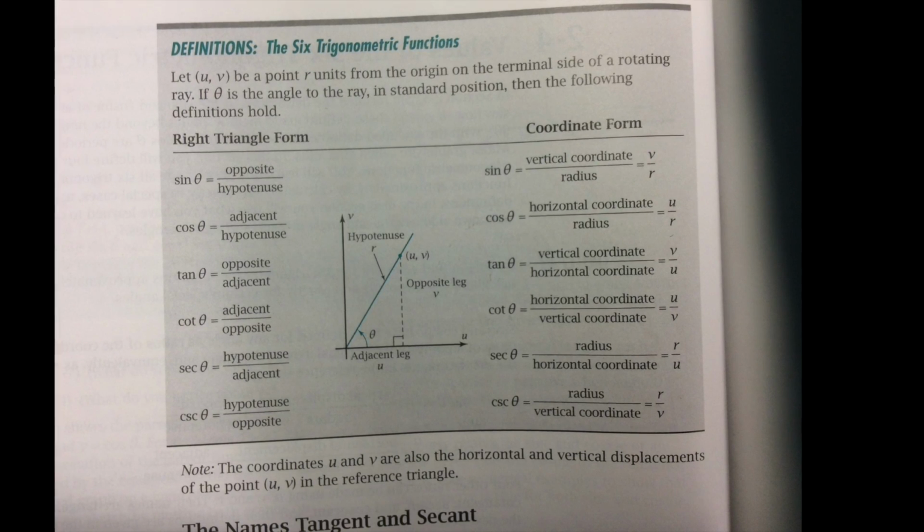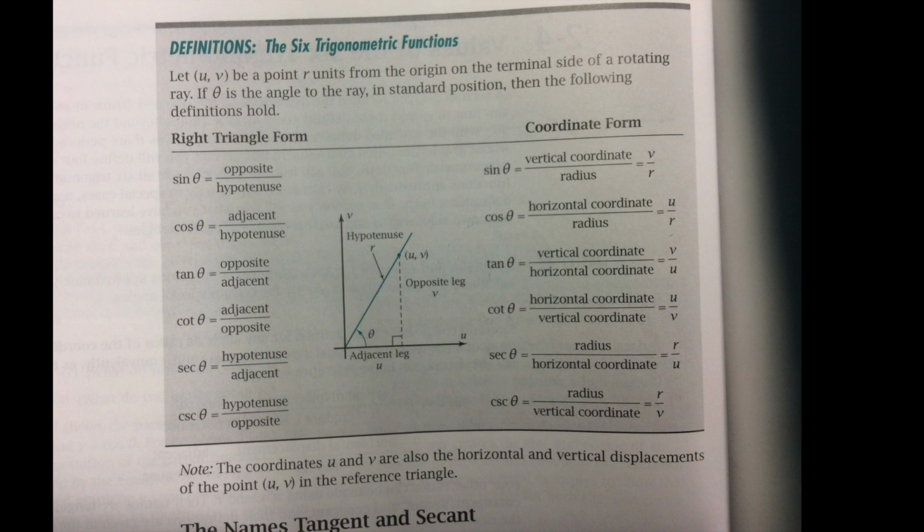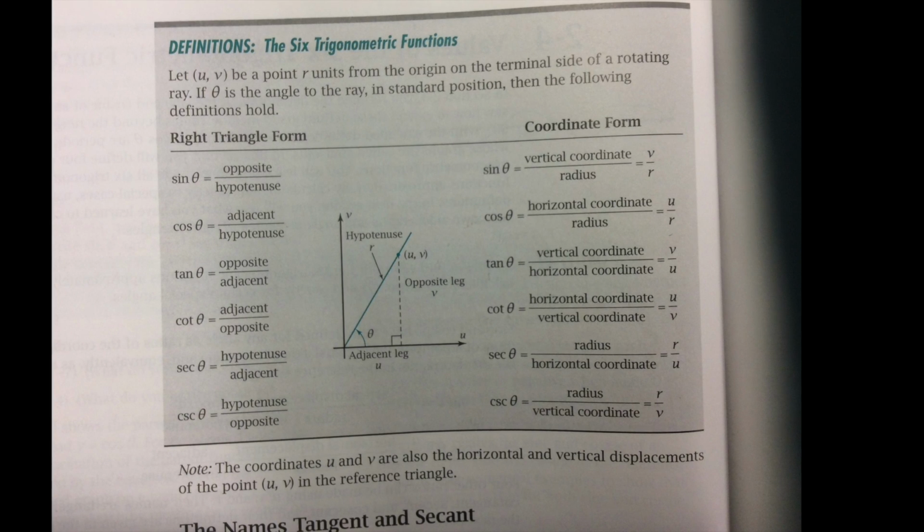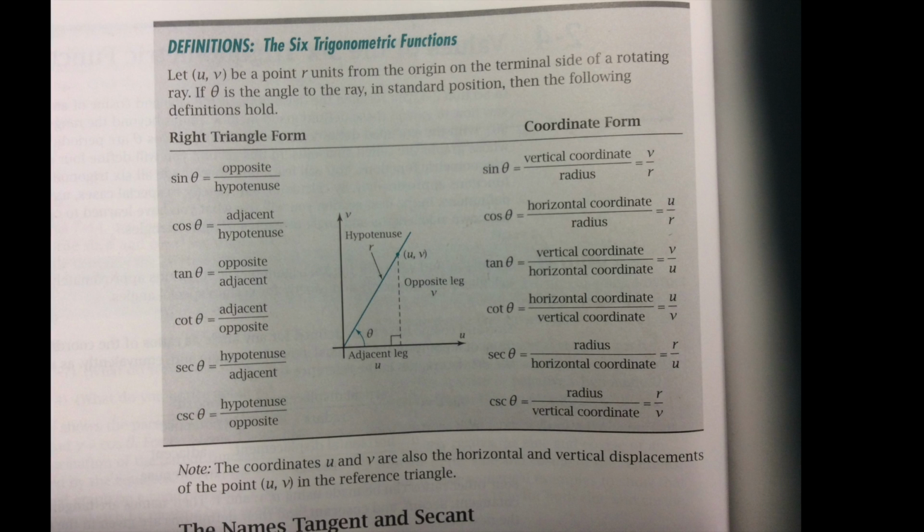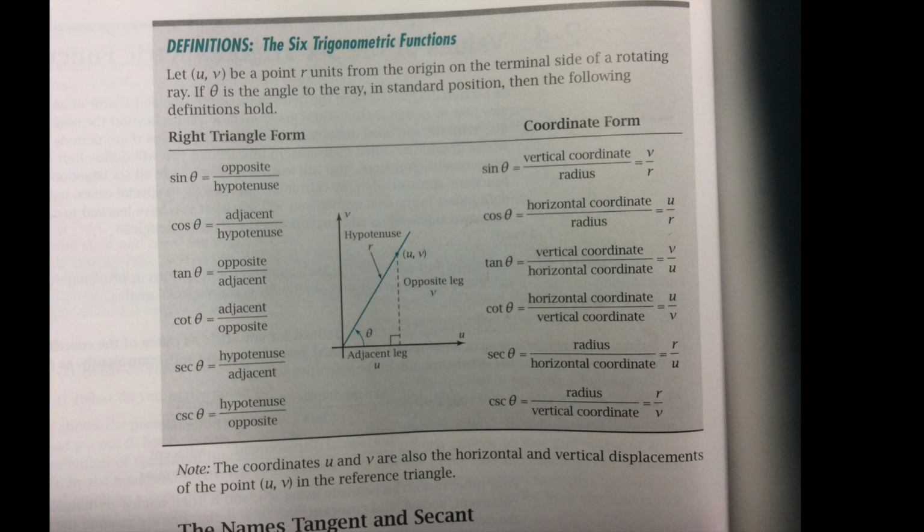And the idea here is that if you do it this way, what you're getting are the sines, cosines, tangent, cotangent, secant, and cosecant of the reference angles.